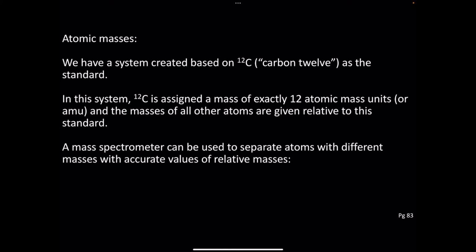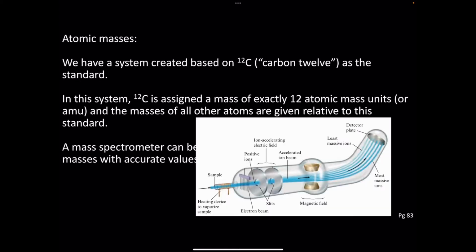The way they originally did this scientifically is using a mass spectrometer, which separates atoms with different masses and gives pretty accurate values of those relative masses. So here's that process where a sample is pressed through this tube, it is ionized so that there are only ions, and then it's accelerated.